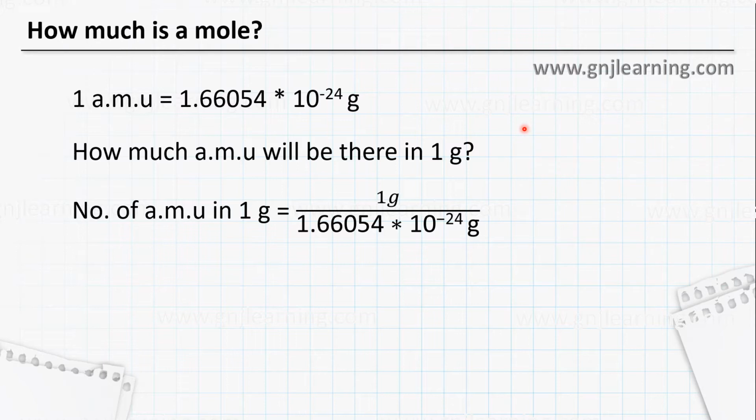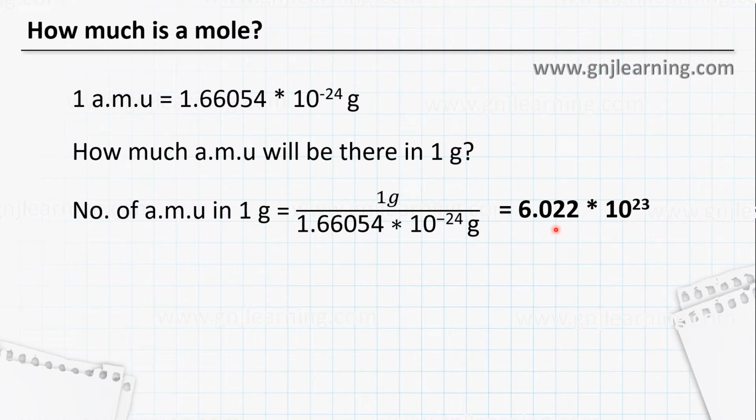I just want to know how many protons there will be from these two measurements. Total mass is 1 gram and one proton weighs this. What do you have to do? You have to do 1 gram divided by the mass of 1 proton. So you will get the number, that is 6.022 into 10 raised to 23.